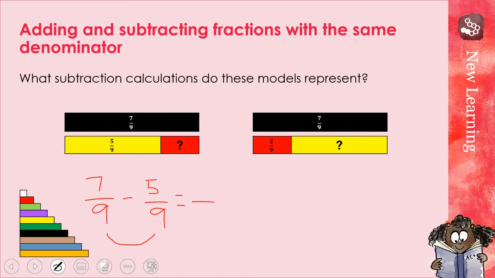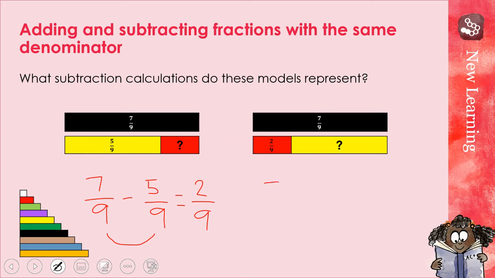Therefore, all I need to do is keep the denominators the same in the answer. I'm not adding the denominators together. The denominator stays the same in the answer. I'm just thinking at the moment about the numerators. 7 subtract 5 is equal to 2. Therefore, 7/9 subtract 5/9 is equal to 2/9.